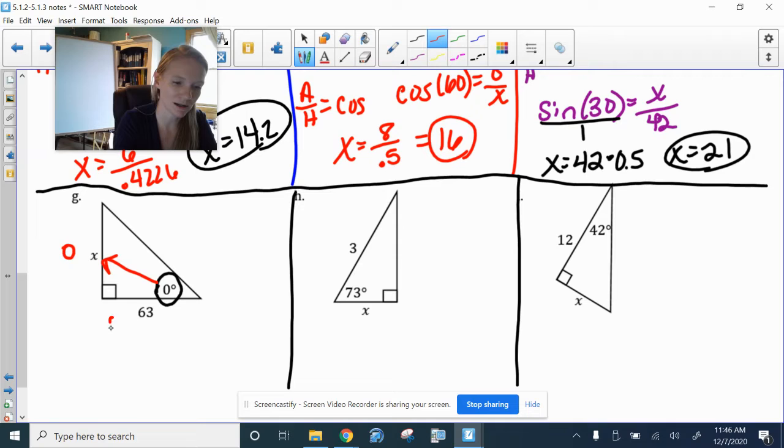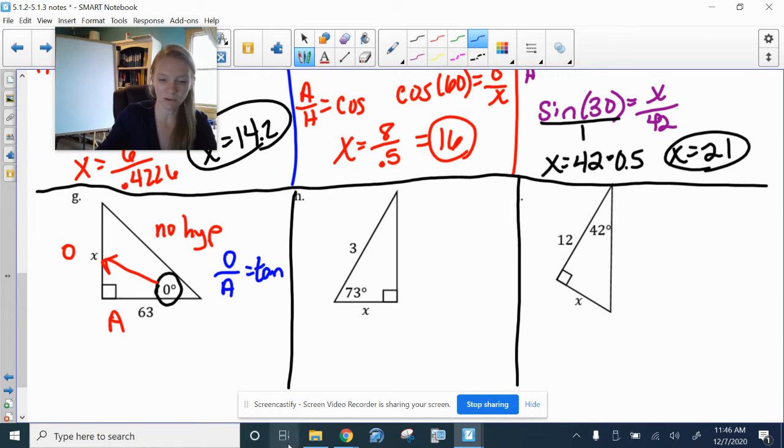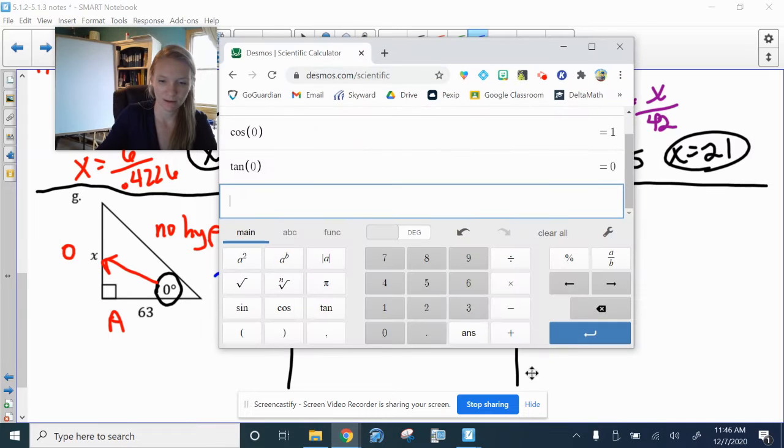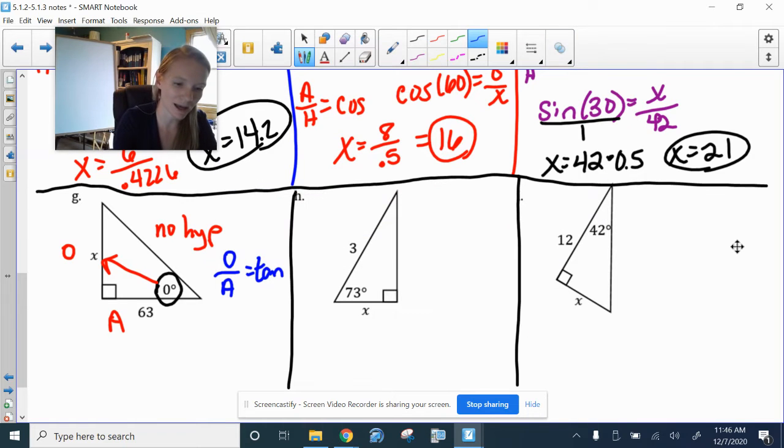This is my opposite. This is my adjacent. There's no hypotenuse. So that means I would be dealing with a tangent. And we saw that if I typed in tangent of 0, I get 0. So technically, x would be 0, but in fact, it's not really possible to have a 0-degree angle anyways.